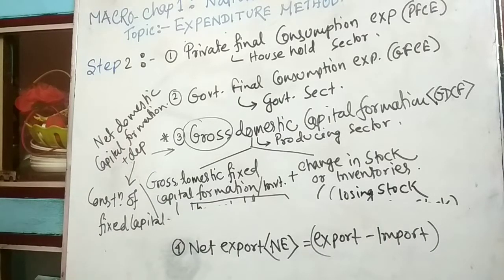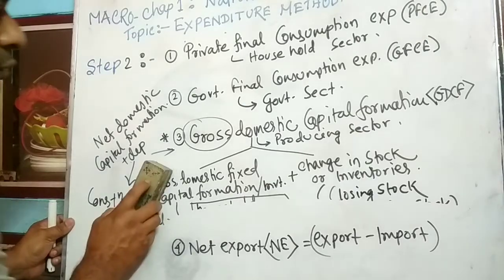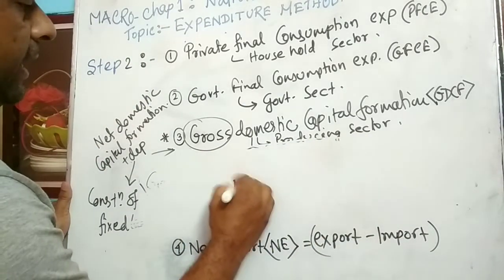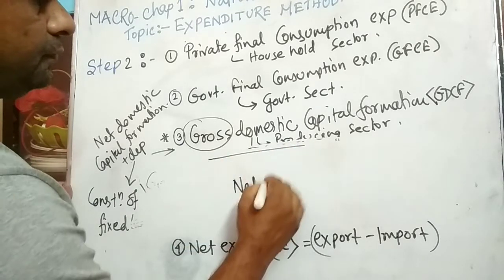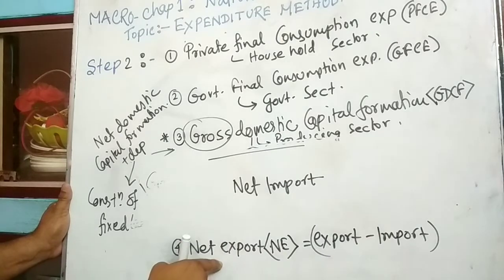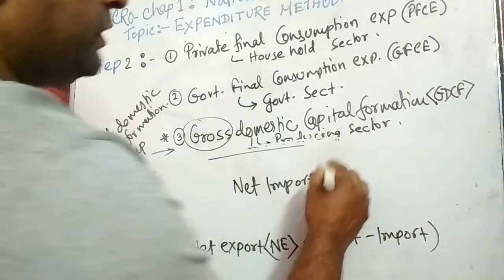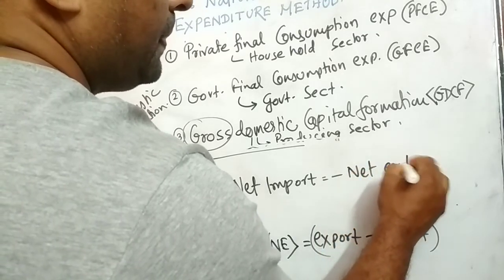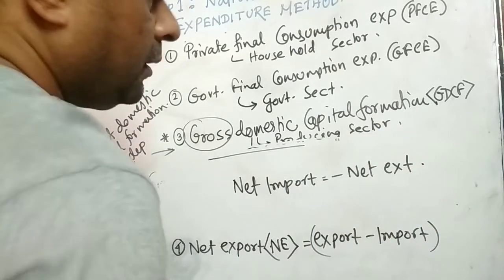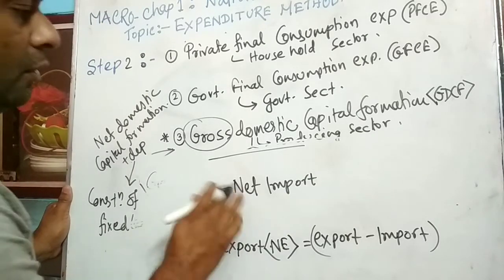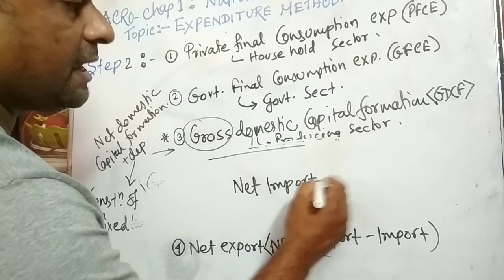Now sometimes, to create confusion, they give net import, not net export, but we require net export. So what to do? We just give a minus sign before it, and then it will be net export.